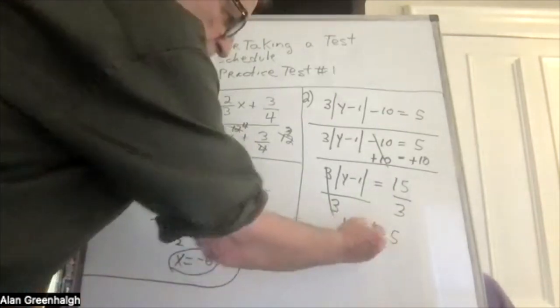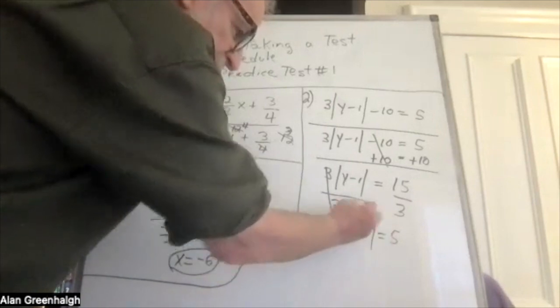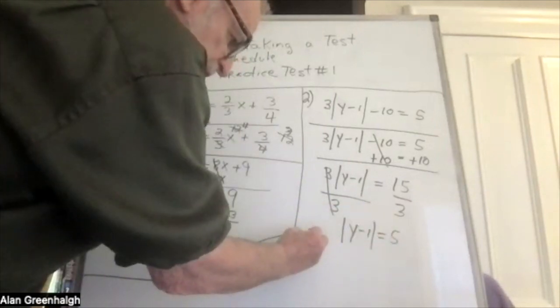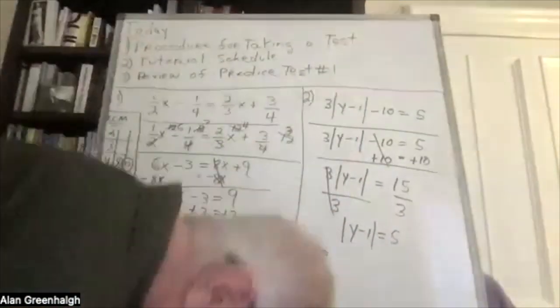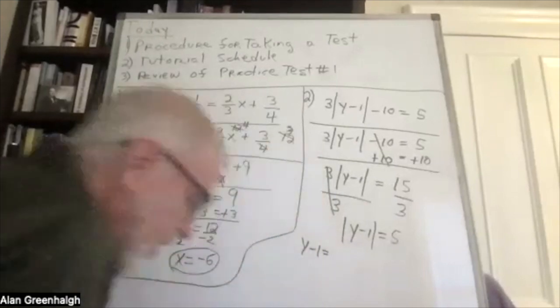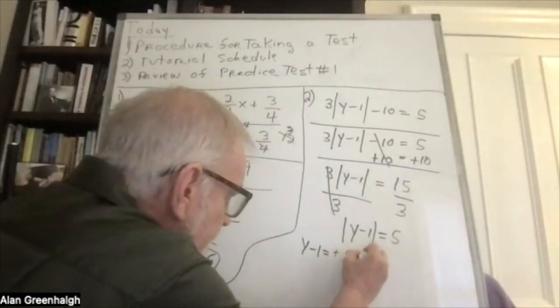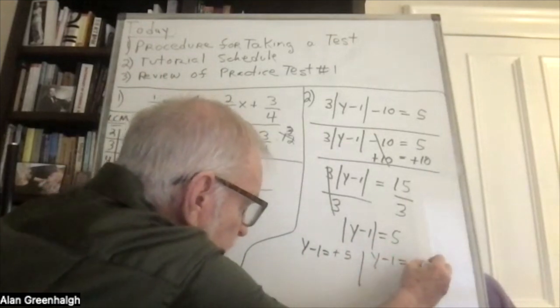Okay, now for absolute value, what's in this absolute value sign can be a positive 5 or a negative 5. So you take both into account. Y minus 1 is equal to positive 5, and y minus 1 is equal to negative 5.